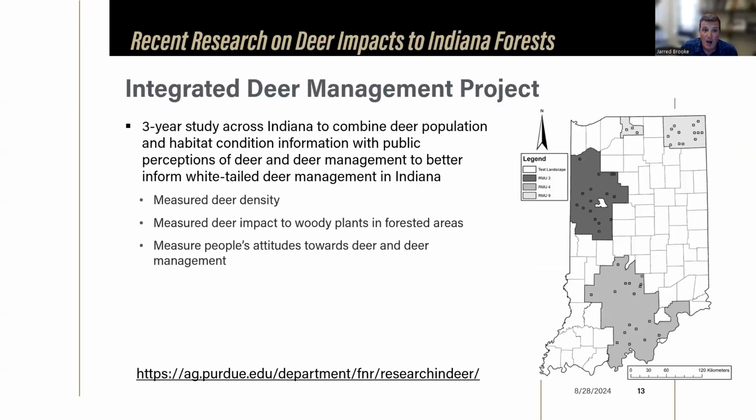So we had this question in Indiana of what are deer impacts to the forest? What does our deer population look like across the state? And how are deer impacting our forest ecosystems?